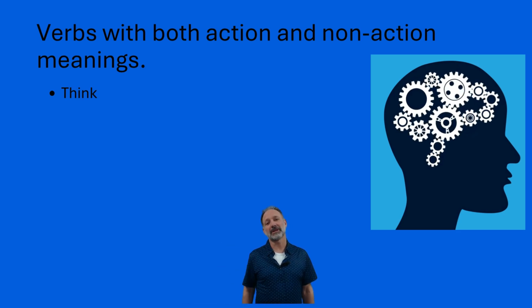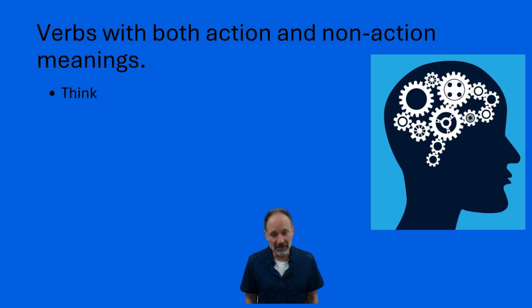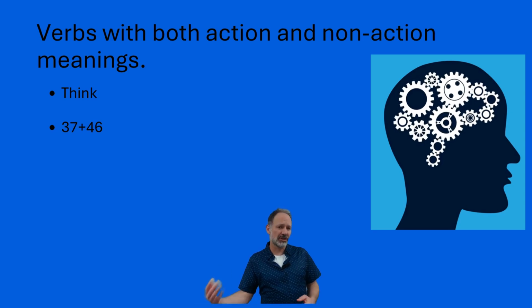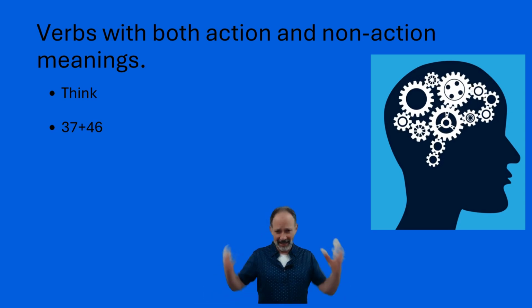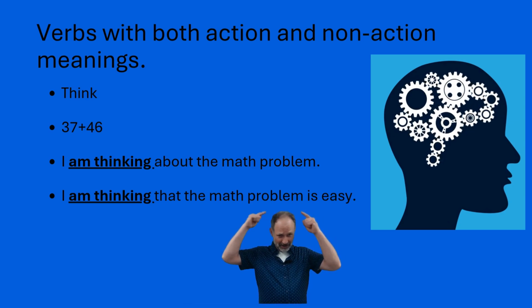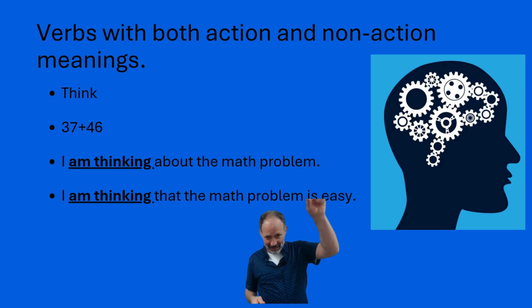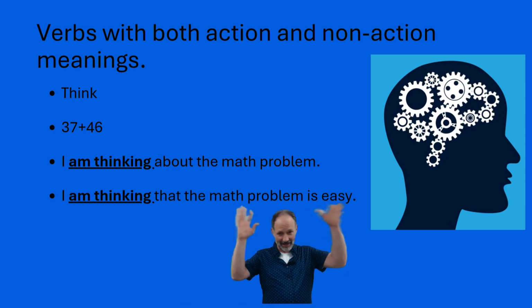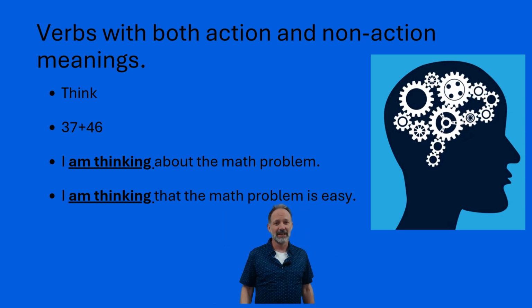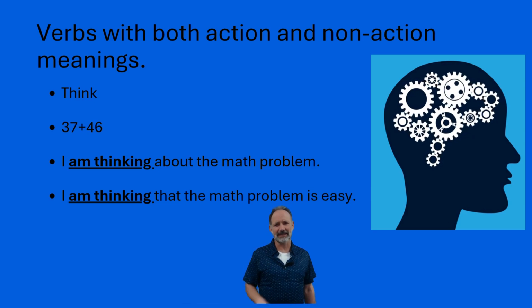The first one we'll talk about is think. For example, what's 37 plus 48? My brain, there's wheels turning in my brain, and you got 7 and the 6 and the okay, and then I come up with an answer. So that was me thinking about the math problem. What about my second sentence here? I'm thinking that the math problem is easy.